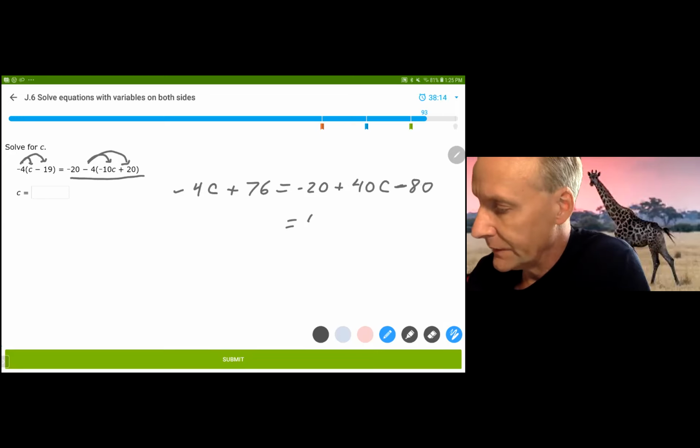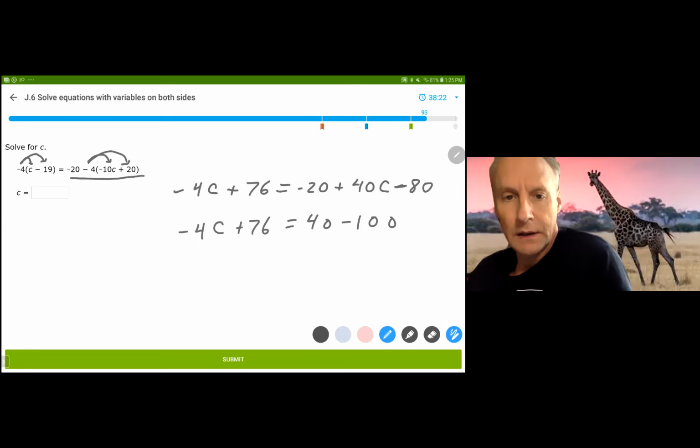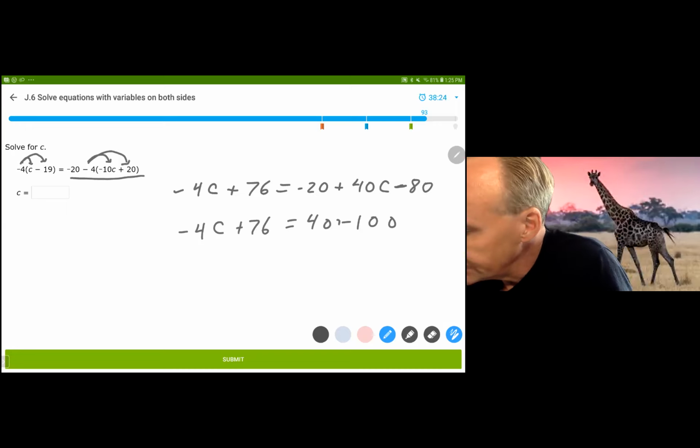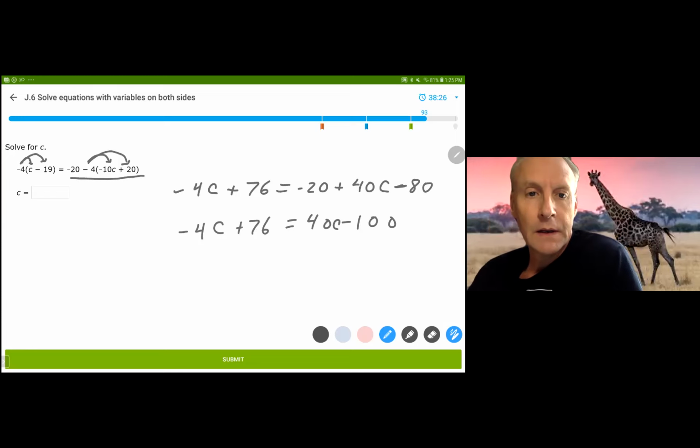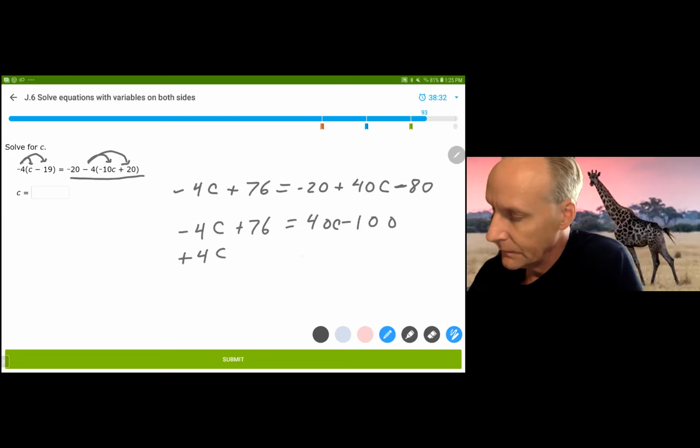And that is 40c minus 100 is equal to negative 4c plus 76. And c, sorry about that. And we're going to go ahead and add the 4c to both sides. And I'm going to go ahead and add the 100 to both sides.